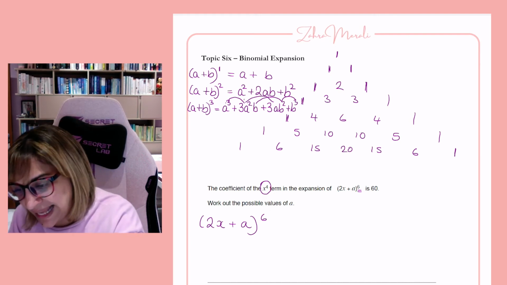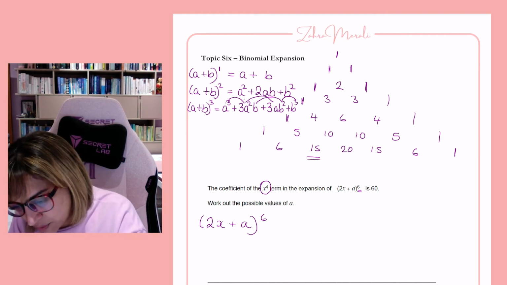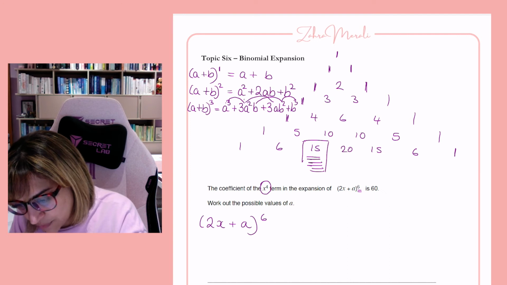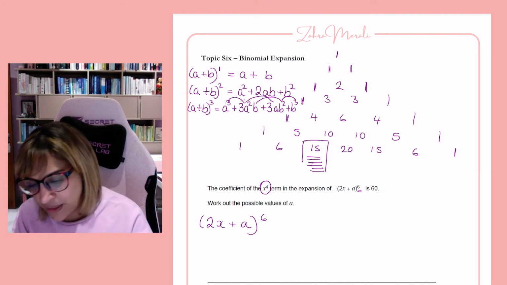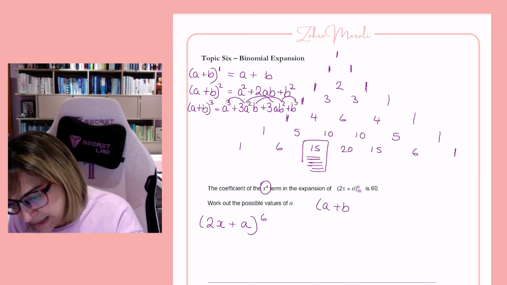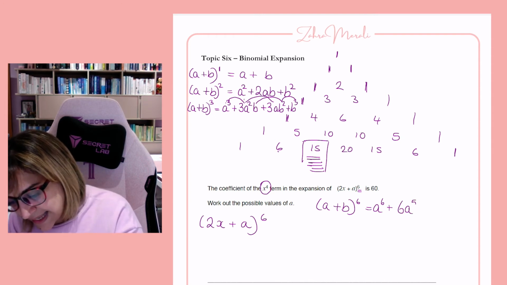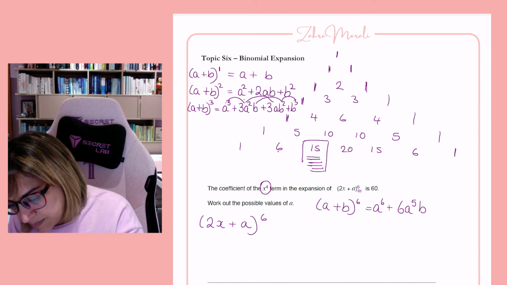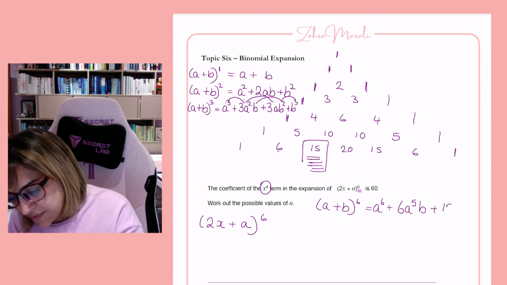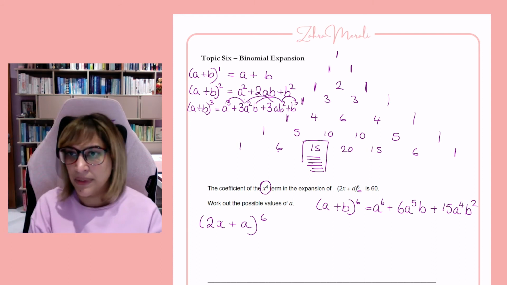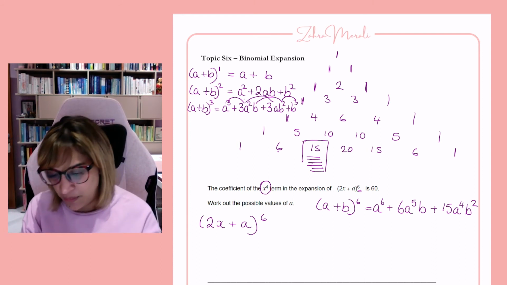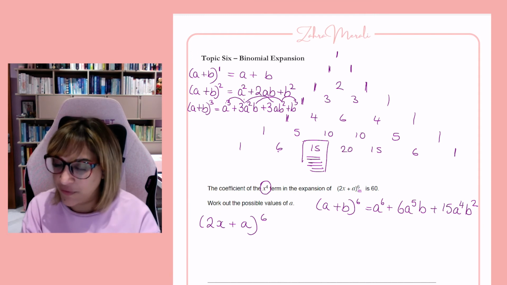And we realize that happens at this point here, when this is our coefficient. So if we had (a + b)⁶, I would have a⁶ + 6a⁵b + 15a⁴b². So when we get there, we stop because we've got our power of 4.